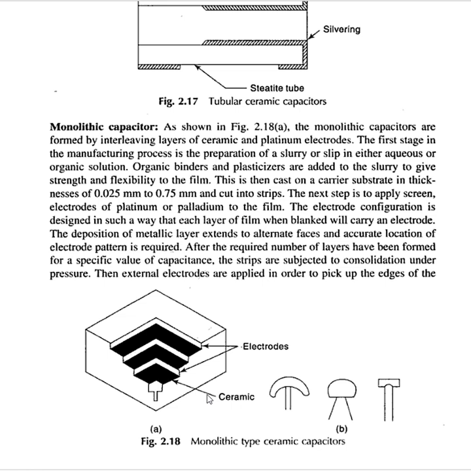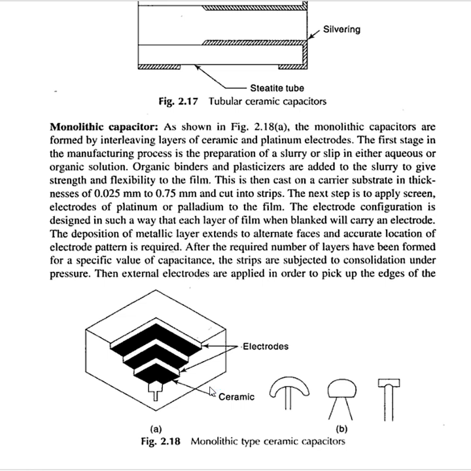The next step is to apply screen electrodes of platinum or palladium to the film. The electrode configuration is designed in such a way that each layer of film, when blanked and carrying an electrode, the deposition of metallic layer extends to alternate phases, and accurate location of electrode pattern is required.